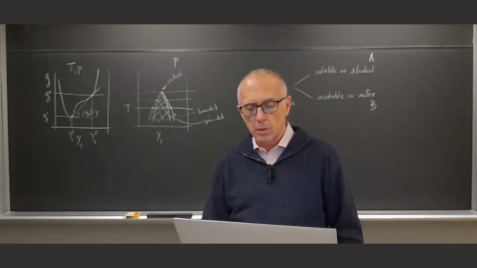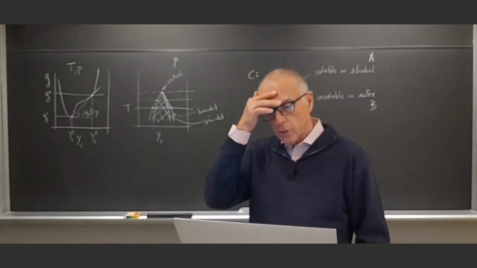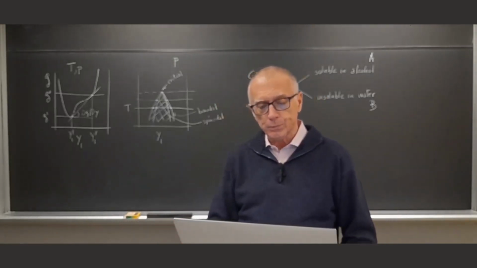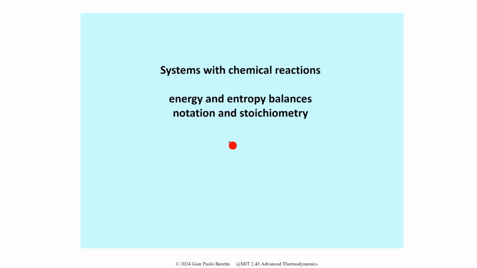Okay, all right. So with this, I think we can terminate the mixture stuff, at least of that kind, and we start with mixtures that are subject also to chemical reactions.